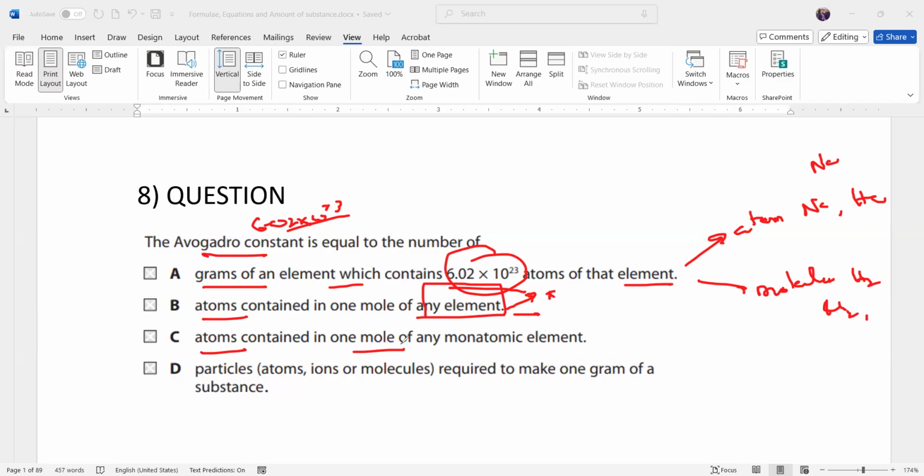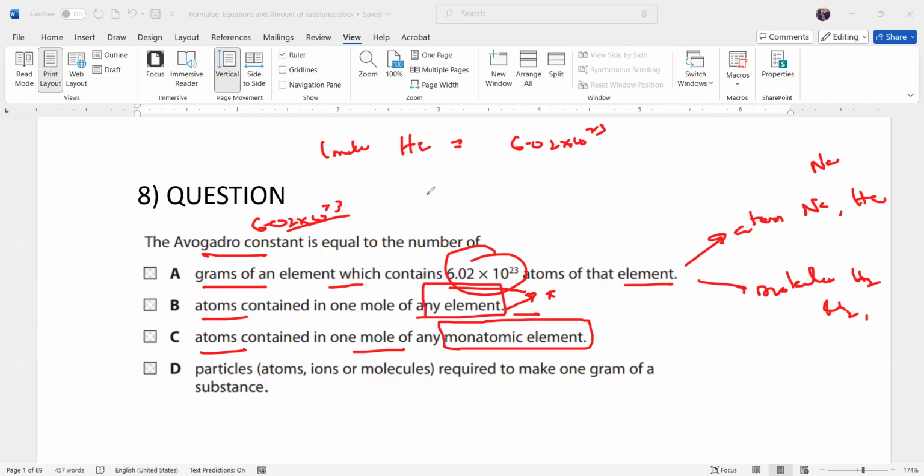Atoms contained in 1 mole of a monoatomic element. This is right. Monoatomic element means that only one atom makes up the element. For example, helium. If we have 1 mole of helium, how many atoms will be there? It will have 6.02 exponent 23.